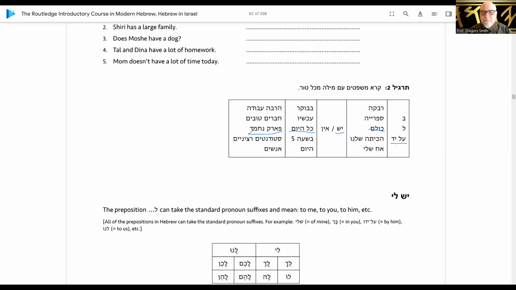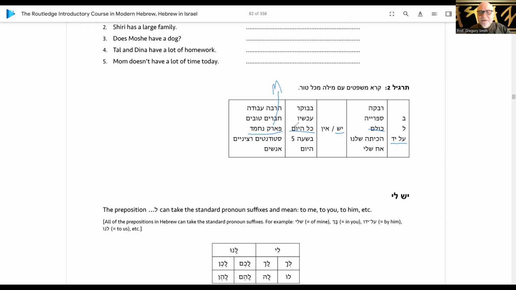This is Park Nachmada. I think Park Nachmada is like a nice park. Okay, it's not that. Yeah, פארק נחמד, nechmad. So it's using nechmad because park has got to be masculine.